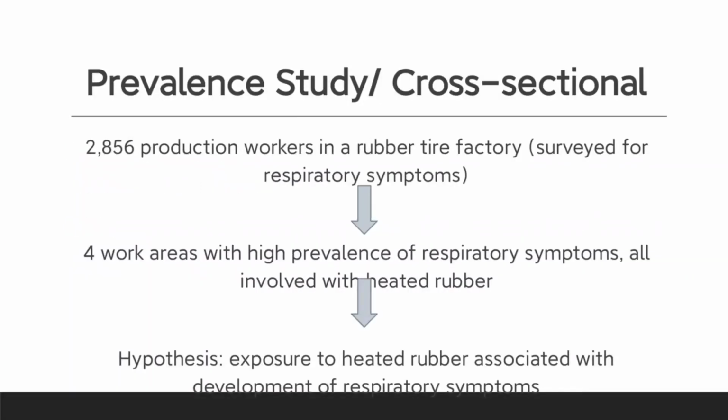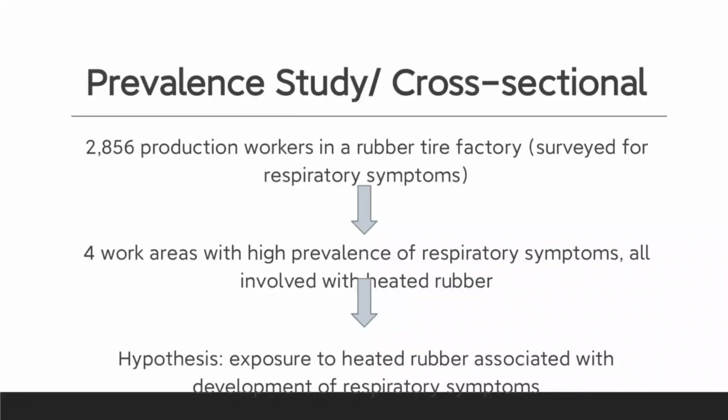So, prevalence surveys, okay, or prevalence studies, they provide information on the prevalence of disease. No? Yung prevalence, yung ano ba, kung gaano ba karami yung nag-exist na disease occurrence on a particular point in time, as we have mentioned earlier, or any other health outcomes in certain occupations. For example, ito. So, a questionnaire has been sent out to 2,856 workers in a rubber tire factory.